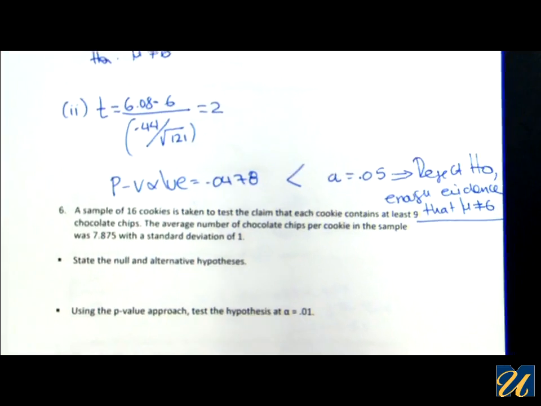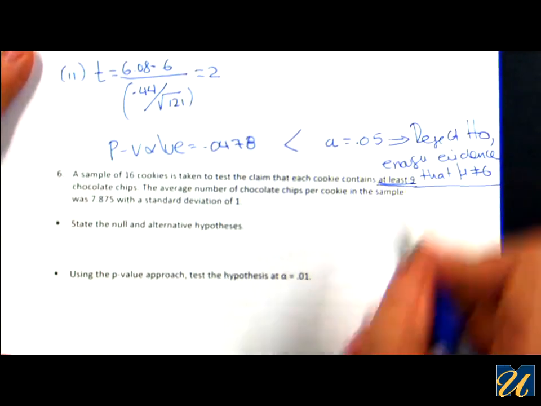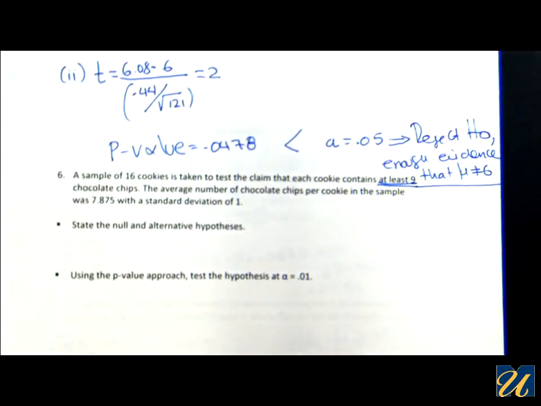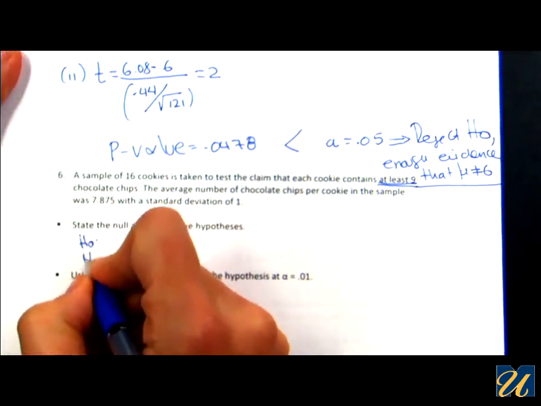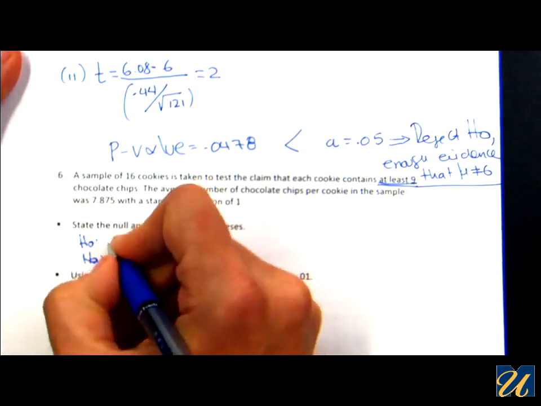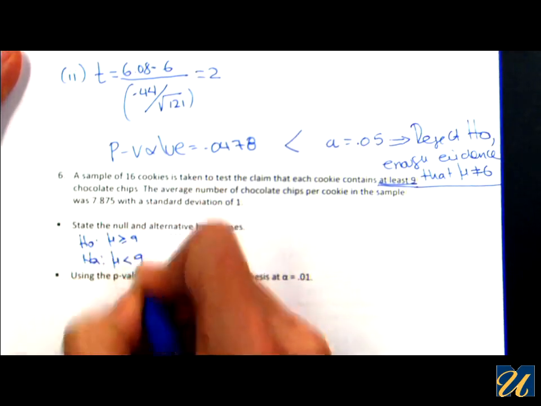For problem number 6, a sample of 16 cookies is taken to test the claim that each cookie contains at least 9 chocolate chips. The average number of chocolate chips per cookie in the sample was 7.875 and the standard deviation of 1. So H0, at least, means mu greater or equal to 9, HA mu less than 9.